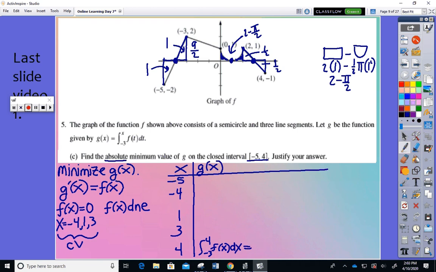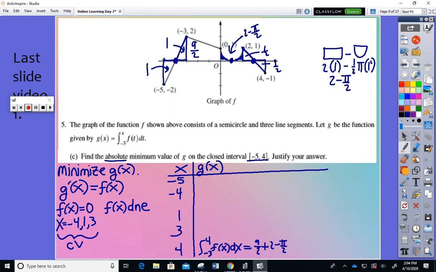So if I break it up, from -3 to 0, I get 9/2. And then from 0 to 2, I get 2 minus pi over 2.